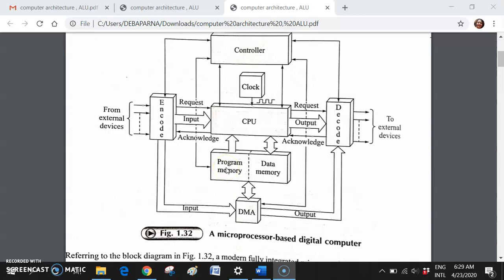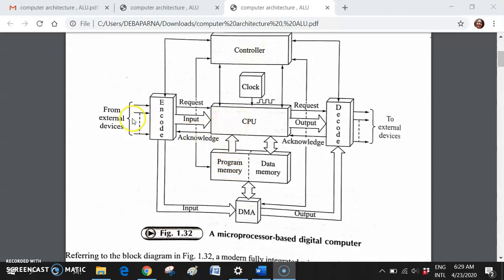Whenever you are buying a computer, some inbuilt programs, say we are using Microsoft Windows, Windows 10 or Windows 7, any version, those system programs are already stored inside this program memory. This is only readable. It cannot be written; you have no permission to change the program. That's why the arrow is from program memory to the CPU.